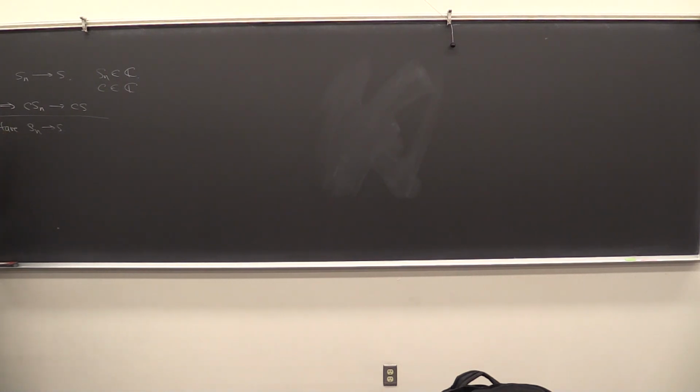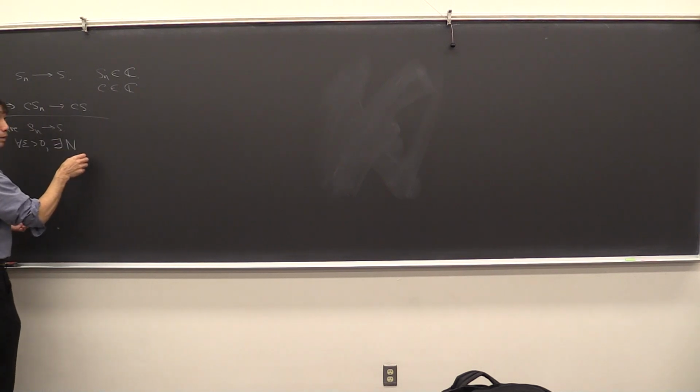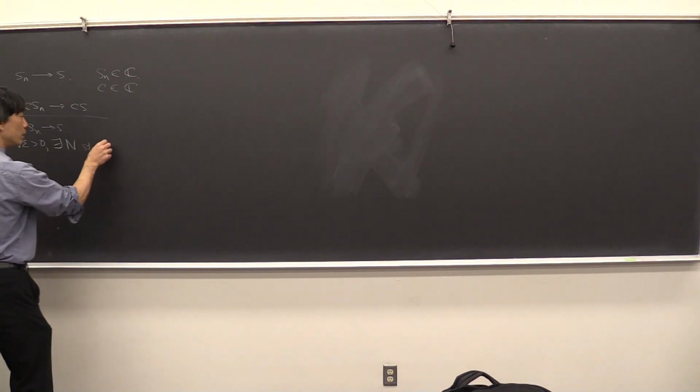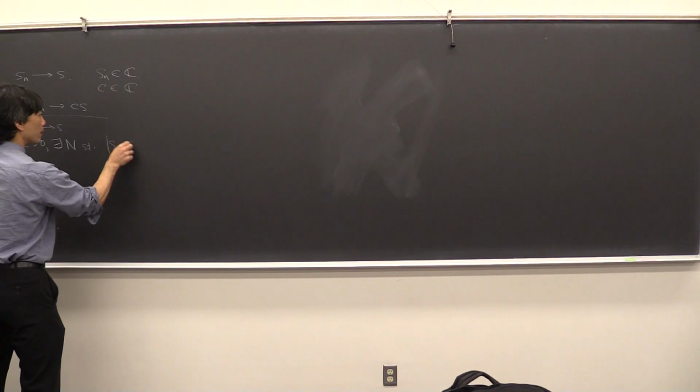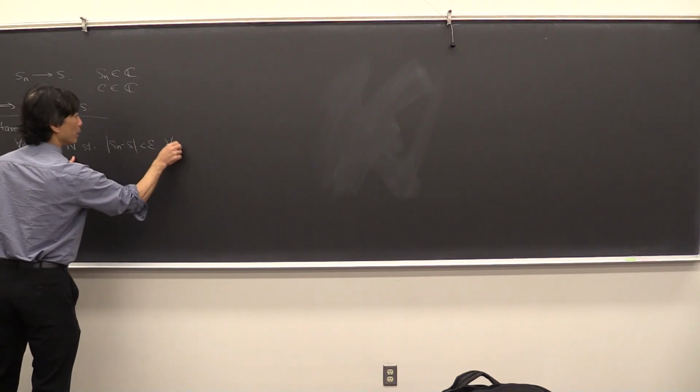It means that for all epsilon greater than 0, there exists an n so that the distance between the limit point and the sequence is less than epsilon, whenever you're past that point.